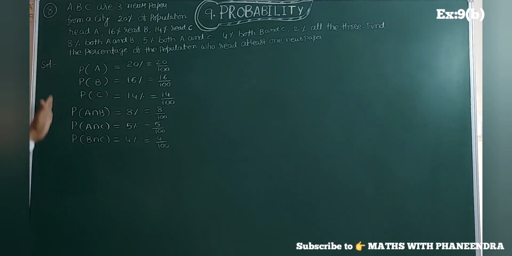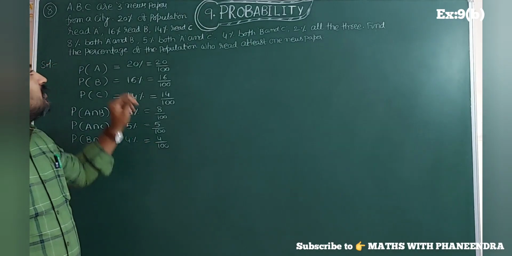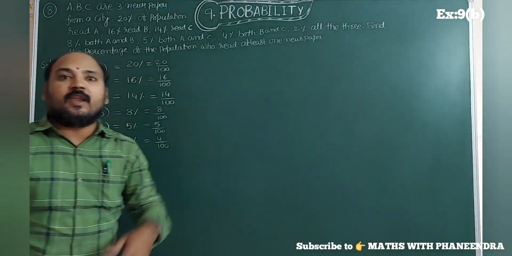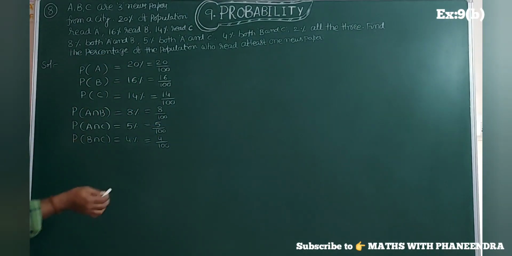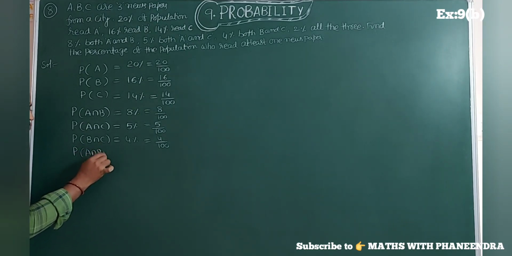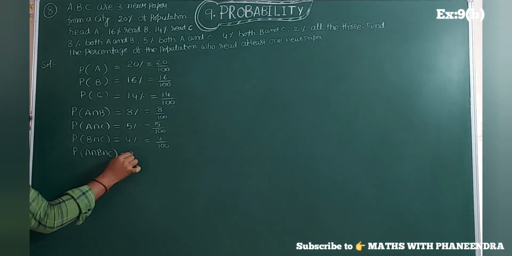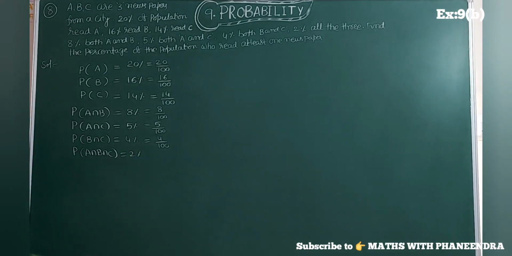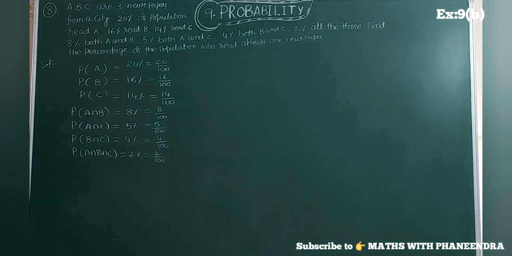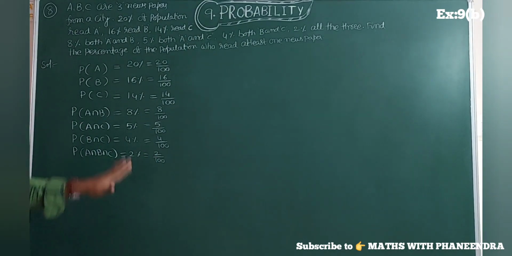So these are the respective probabilities from the question. Next, 2% read all three papers, which means P of A intersection B intersection C equals 2 by 100. Till here everyone understands? It is an easy problem.